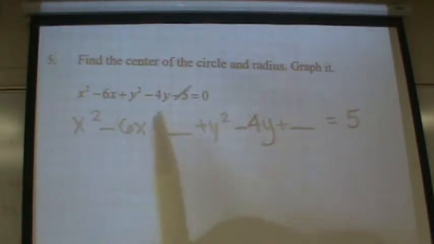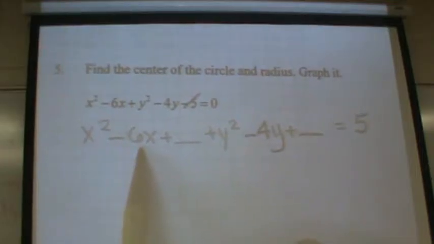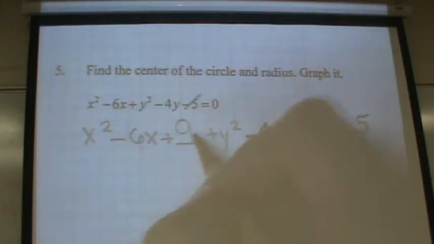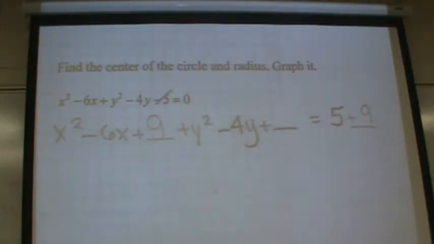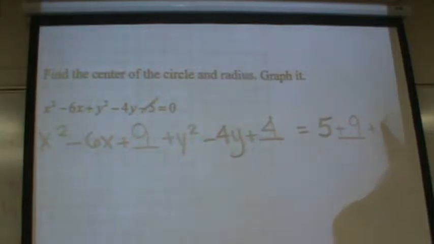To complete the square, you have to take half of this middle number and square it. So we're going to add the number 9 here. Then you have to add a 9 here, too. That's why we left a space. And we do the same here. You're going to take half of -4 and square it. You're adding 4, and we're going to add 4 here.